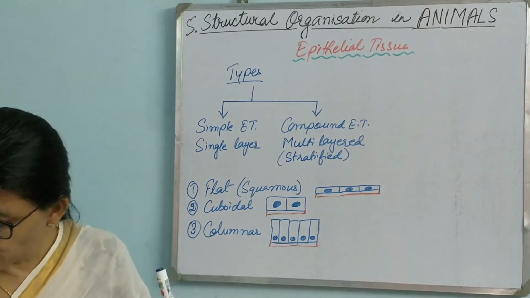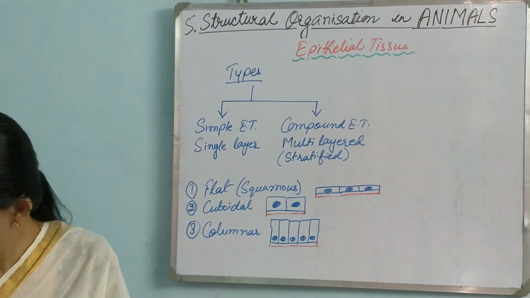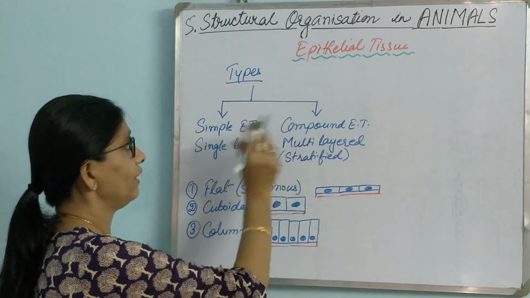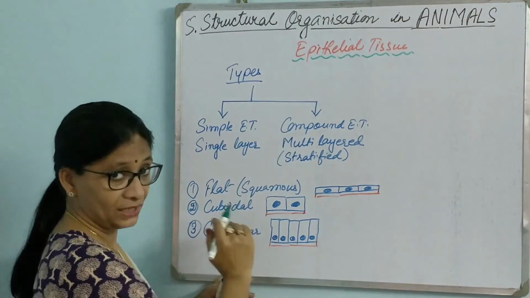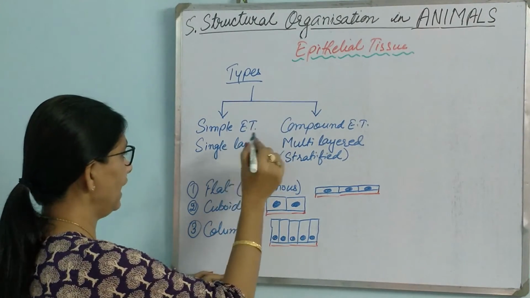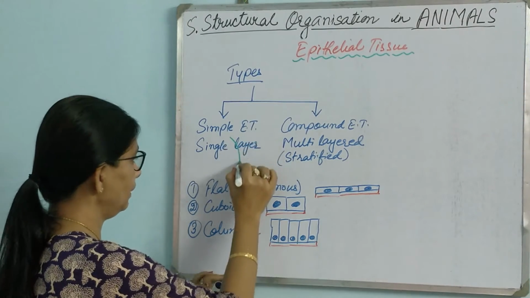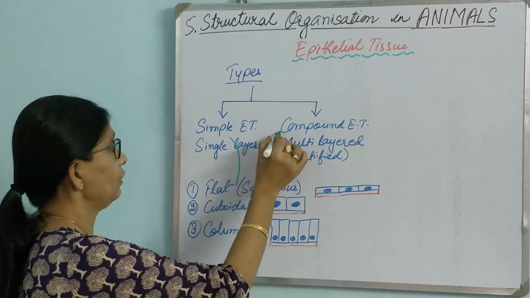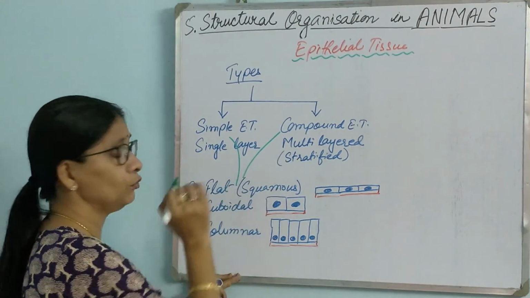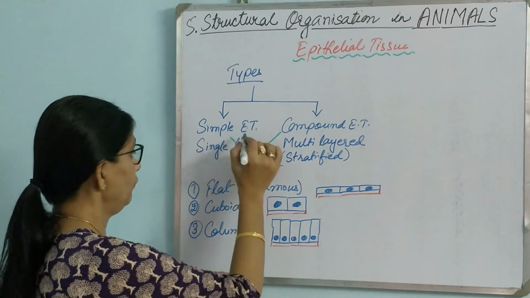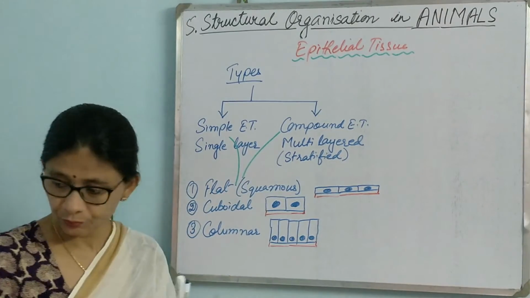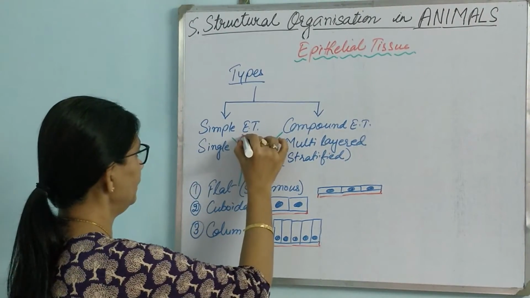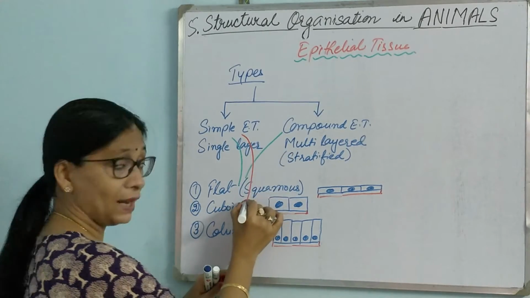Now, the interesting point is both these types of epithelial tissue will have these three types. That means we will have simple squamous epithelium. We will also have compound squamous epithelium. We will have, let me take another pen, simple cuboidal epithelium.